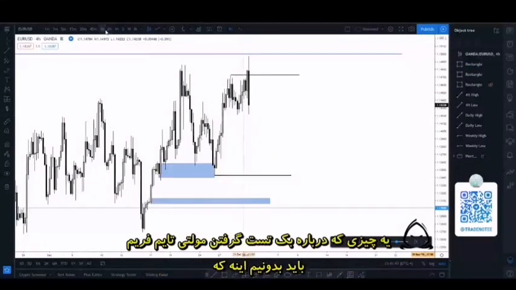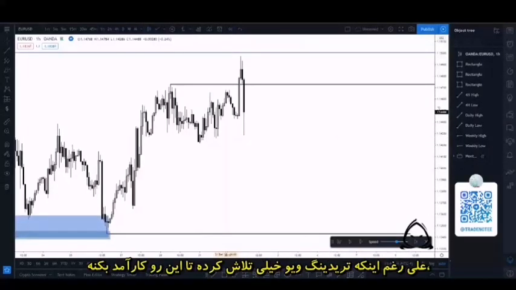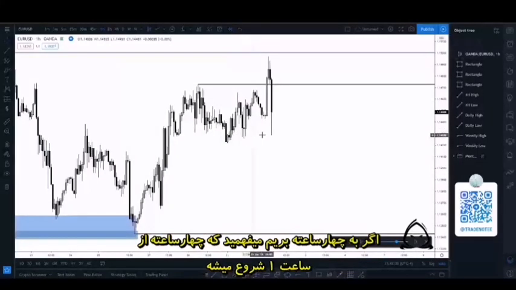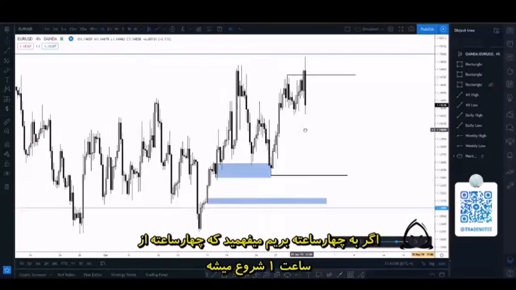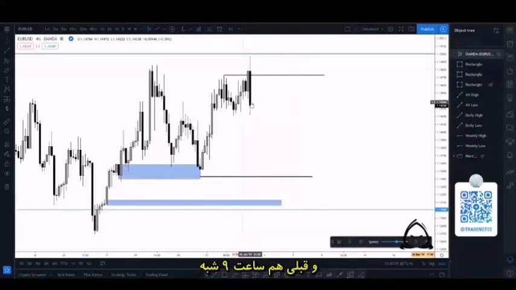One thing to note about multi-time frame backtesting, although TradingView has done a lot of work in making it more efficient, being able to drop down timeframes without breaking the bar replay, is that if I drop to the 4 hour, we can see that the 4 hour starts at 1 Eastern and the previous one is 9.